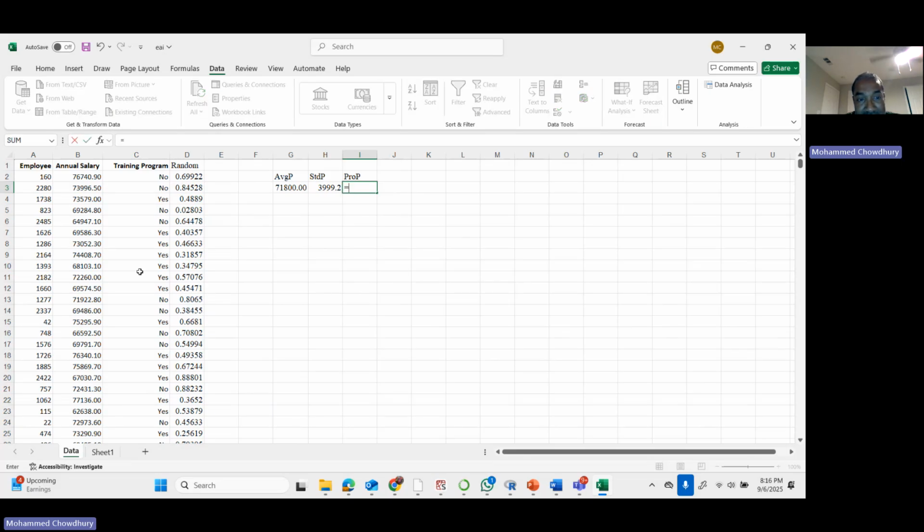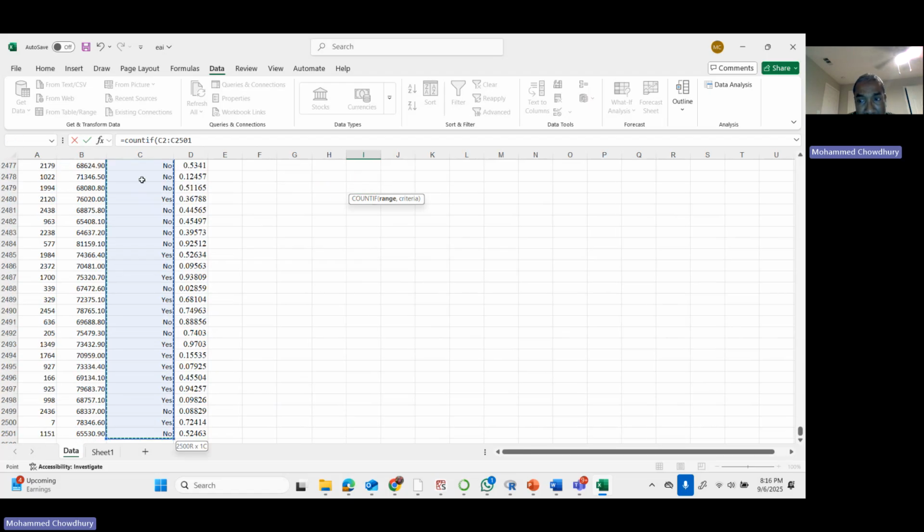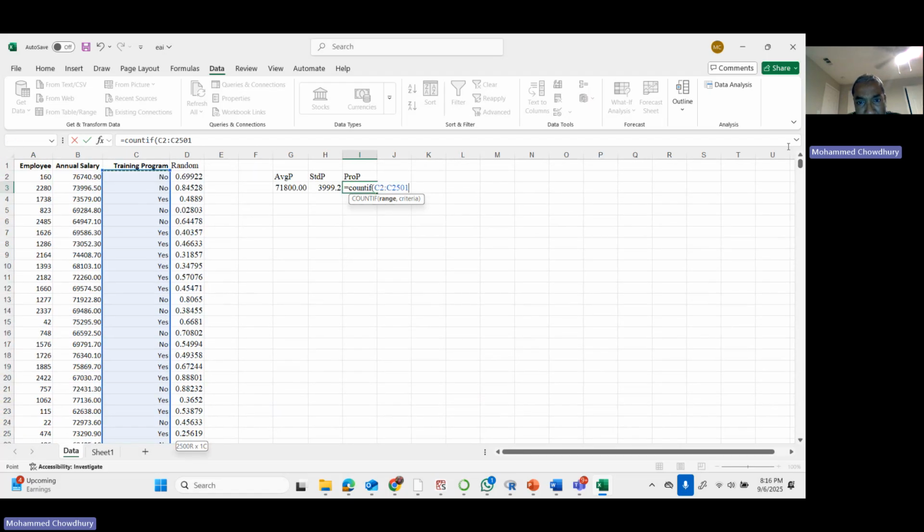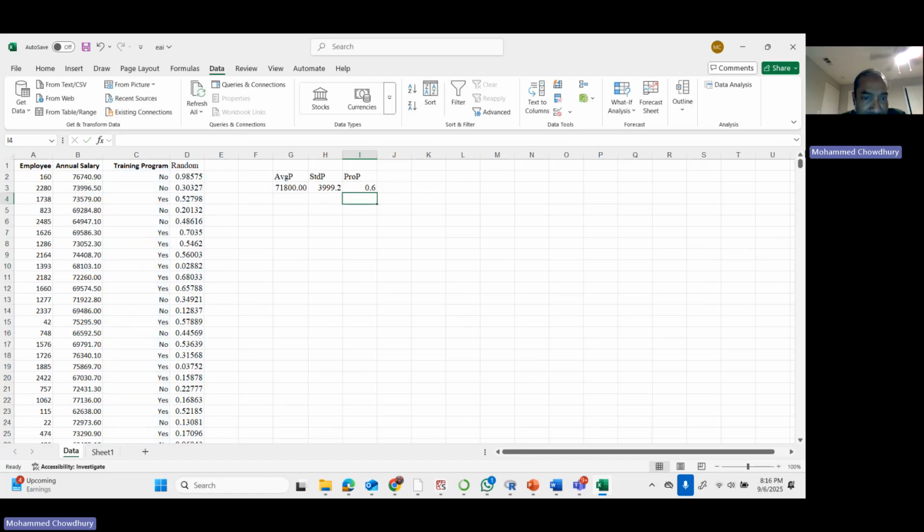Now I want to compute the proportion, that means how many of these are yes. So COUNTIF, and I select all from here up until the last, and then put yes, and then I divide it by 2500, so the proportion is 0.6.